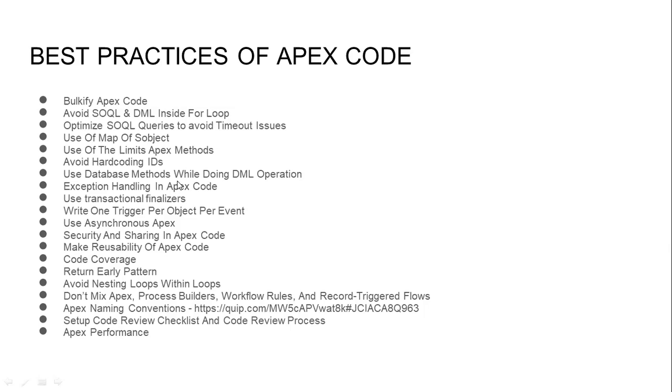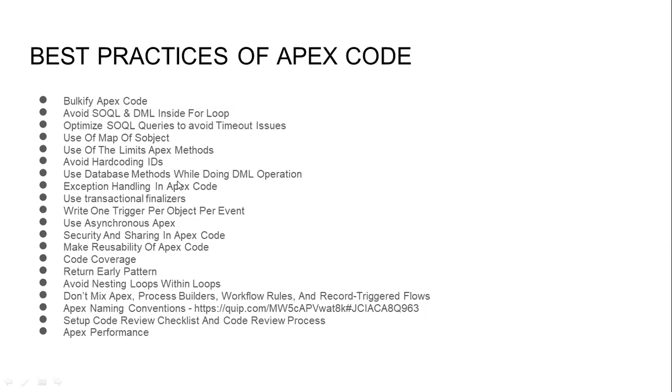The reason is the SOLID principles, separation of concerns. The trigger is only written so that you are able to capture those different events. It's the trigger handler's job to do the specific business operation.